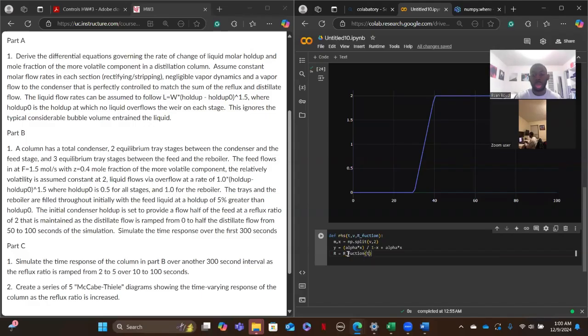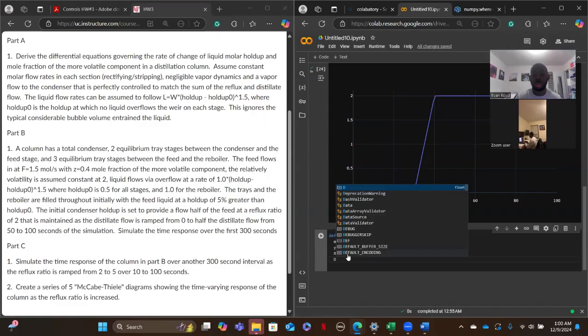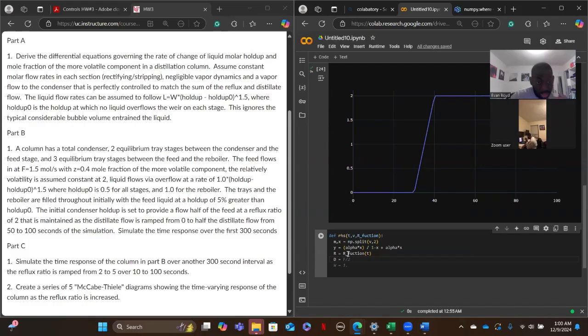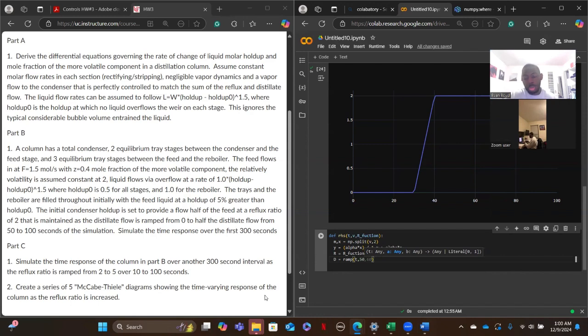And then we respect that to time because that's what it's based on. And then we'll also do our distillate because, like I said earlier, our distillate changes, our condensate changes as well once our ramp is incorporated. So we need to do our ramp from 50 seconds to 100 seconds, and then multiply that by our feed and divide it by half, because we know it's half distillate flow.